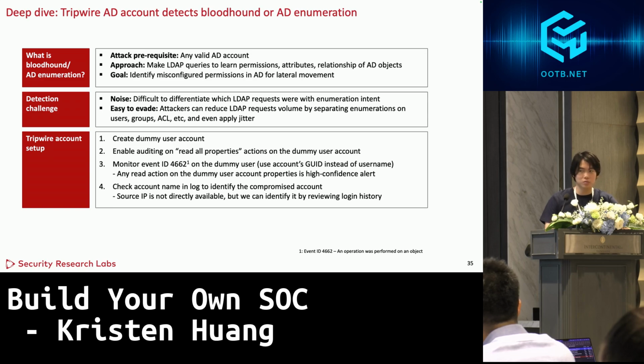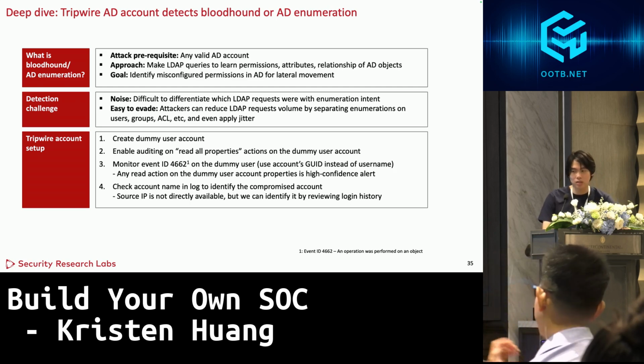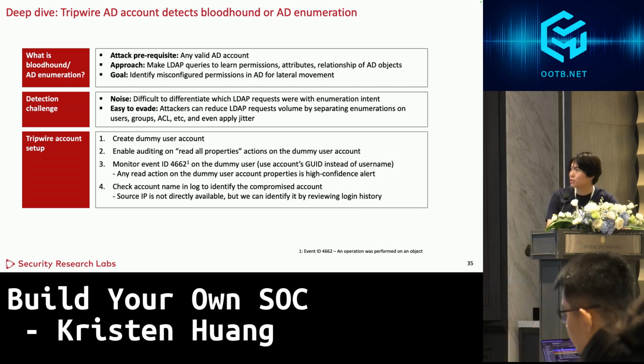Then we can reset that user's password, gain control of another account, check the new account's permissions, and then move laterally. AD enumeration is something you definitely want to detect, because it is usually the very early stage of an attack. If you can bust the attacker at this stage, that is a great win.